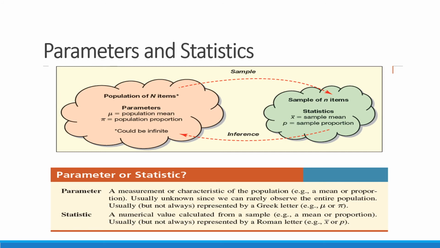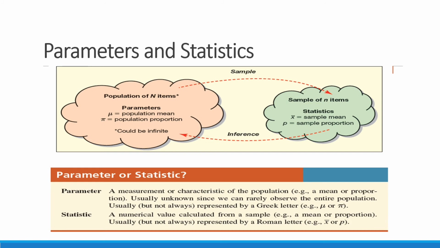So here, if we are talking about a population consisting of capital N items, and we want to calculate some measurements, such as the population mean or population proportion, in this case we call this measurement a parameter.